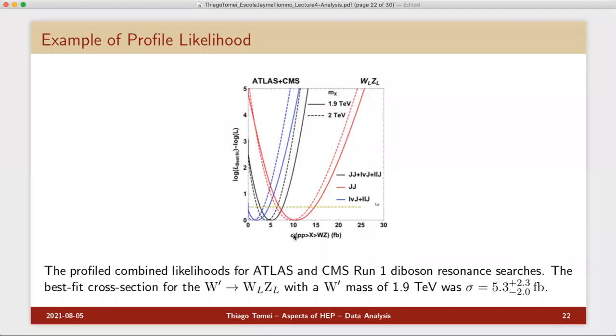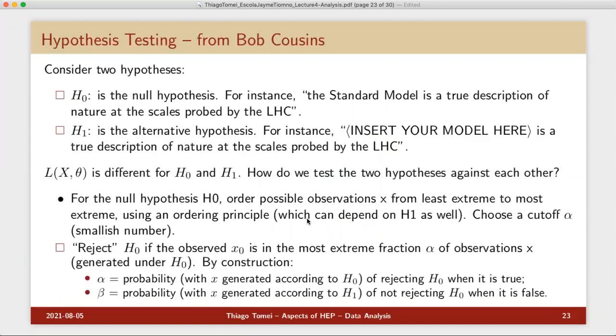And I do this by separately finding the maximum, so maximizing the likelihood for every other parameter. And then it becomes something simple. It becomes a one-dimensional thing again. There is one more step that you may do, which is called hypothesis testing.